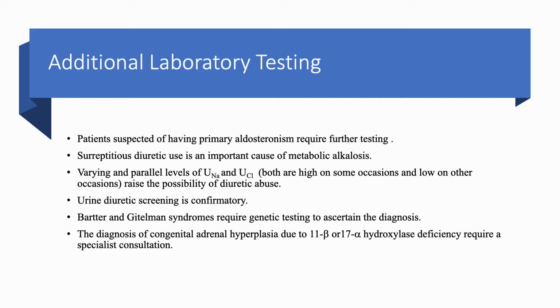If you see urine chloride and sodium, sometimes it's high, sometimes it's low, you should suspect diuretic abuse. You can order a urine diuretic screening and it's available and it's confirmatory. If you are suspecting a genetic disorder like Bartter's, Gitelman's, 11-beta or 17-alpha hydroxylase deficiency, you need to consult a specialist, of course, and you need genetic testing.